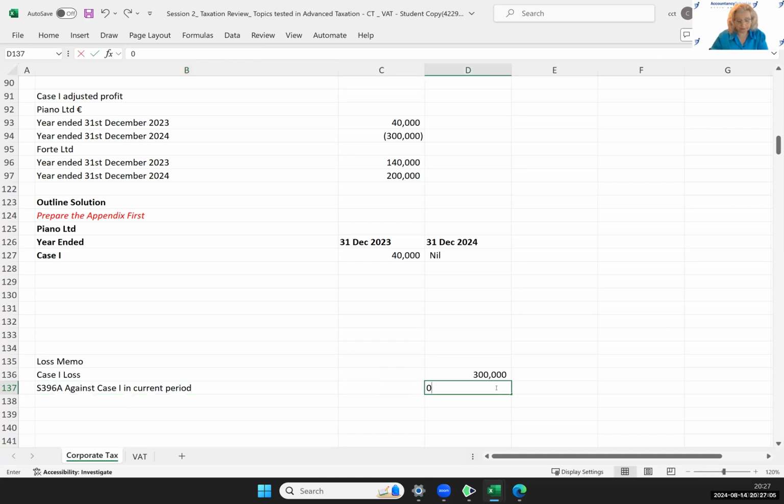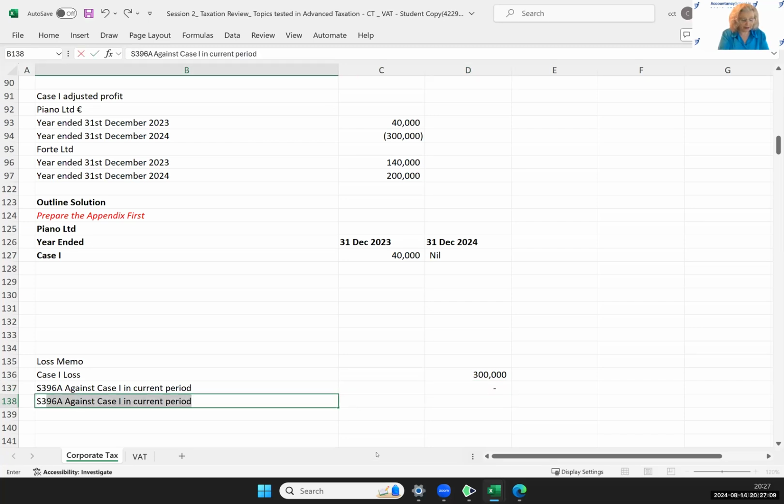No. Then you can use it under section 396A against case one income in the immediately preceding period of the same length.